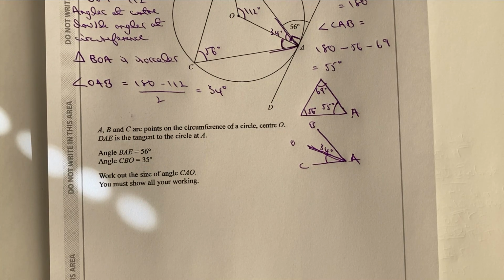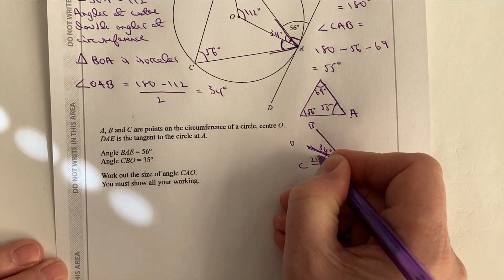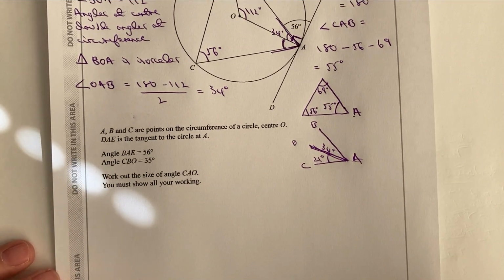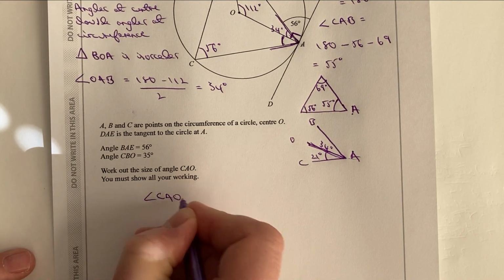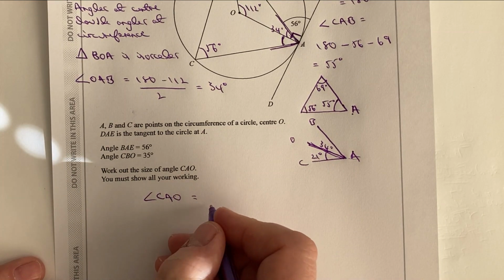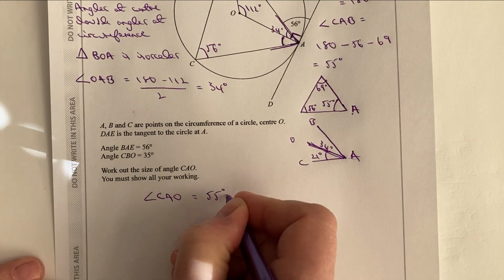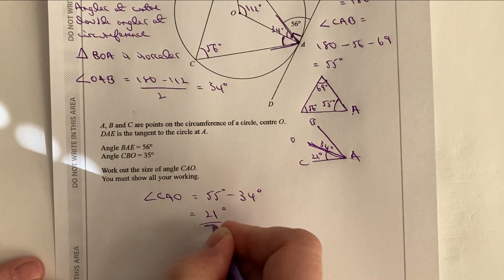Oh my goodness, okay. So it's taken a little bit of time to figure out that this would be 21 degrees. Okay, so if I just write in here, have I got a bit of space for this? I'm going to write in here that angle CAO equals 55 degrees minus 34 degrees, which equals 21 degrees.